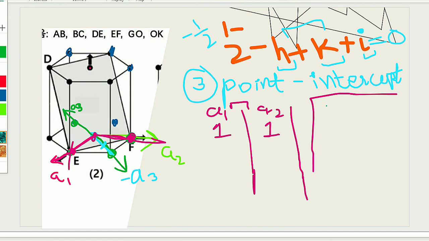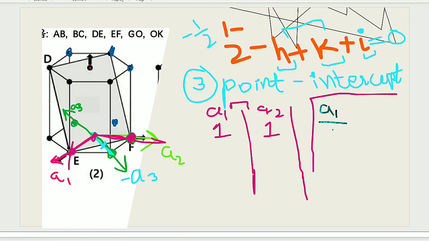So point intercept form is that we have a point in the numerator. Let's say this point is a, divided by the intercept of a1 for the plane.